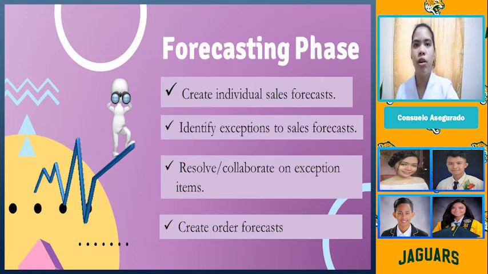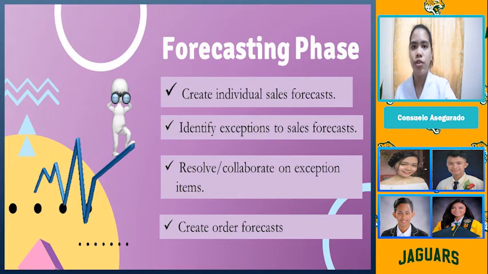Next is resolve or collaborate on exception items. Exceptions are easily identified and messages are sent to reconcile unusual items. Each contributor, partner, supplier, and customer becomes an integral part of a real-time collaborative process. The final enterprise forecast is the combination of the most accurate and timely information available.